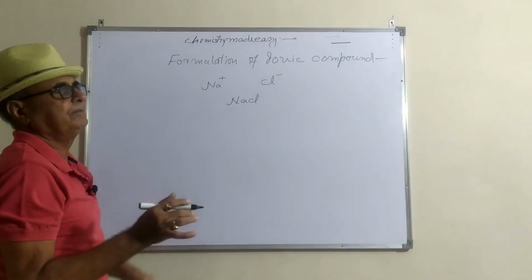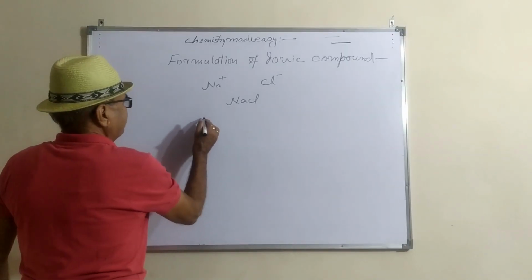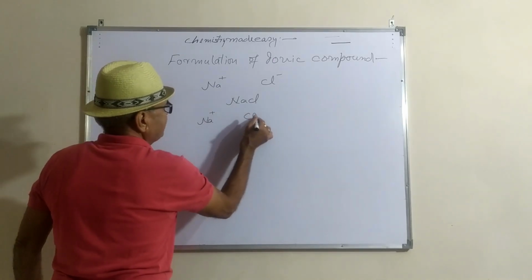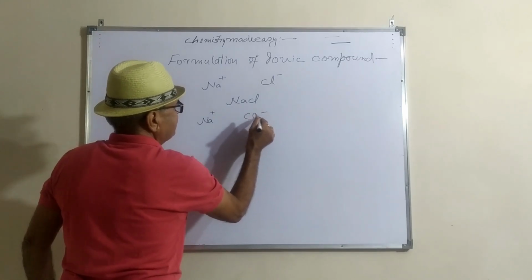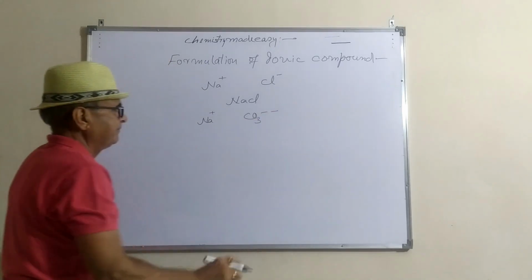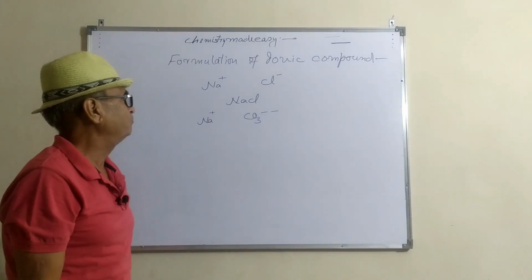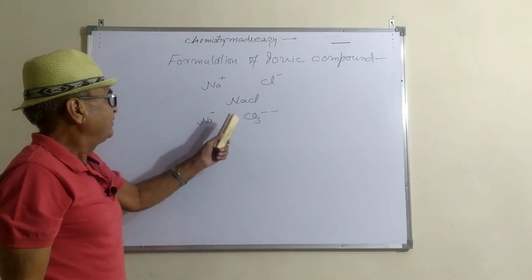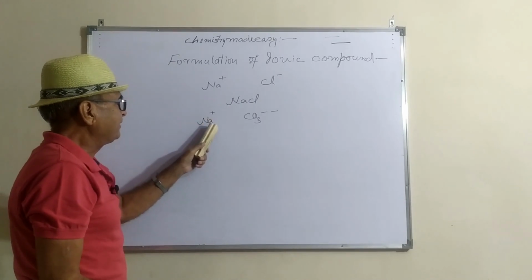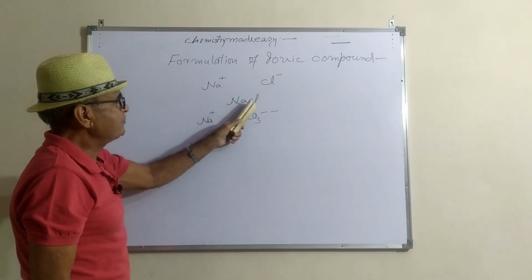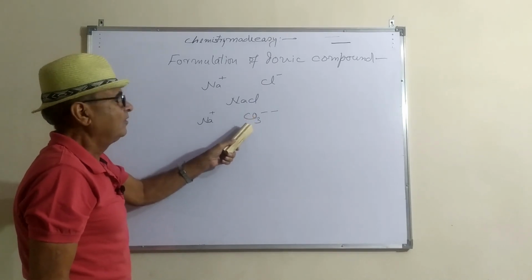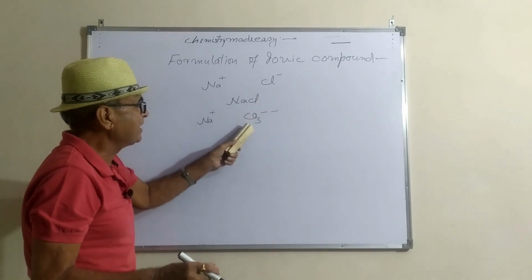Take another example. Suppose you are taking Na positive and this one CO3 negative, CO3 carbonate, CO3 double negative. Here I am telling you the Na will be multiplied by the charge of the anion, the carbonate ion, or you can say by the valency of the carbonate ion.